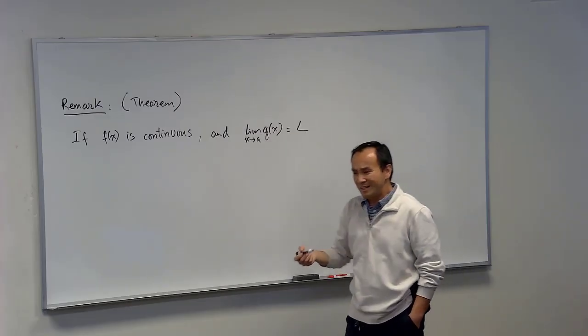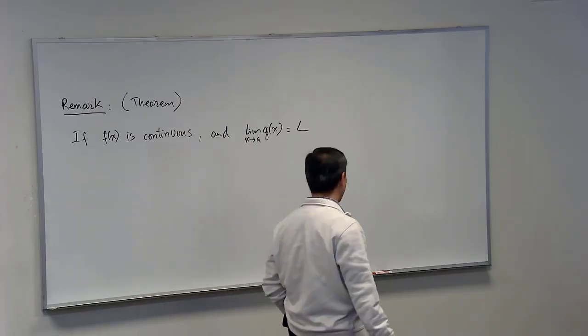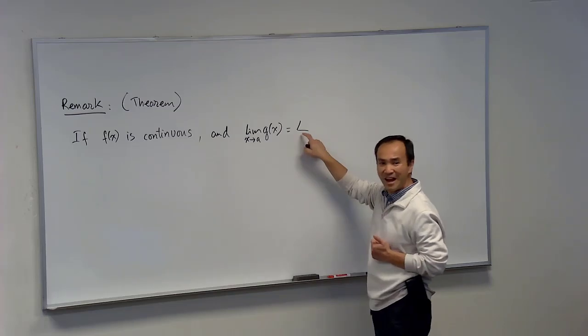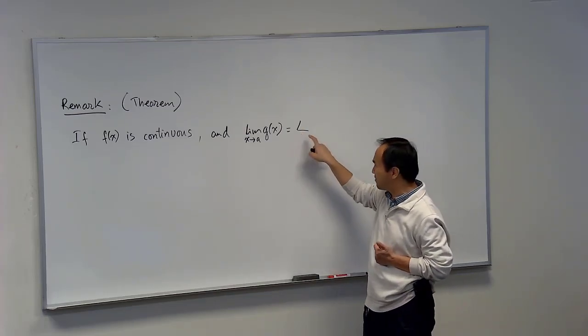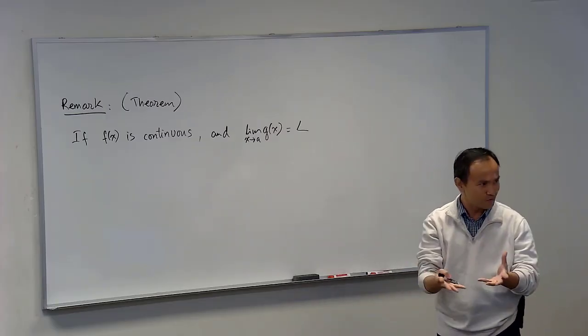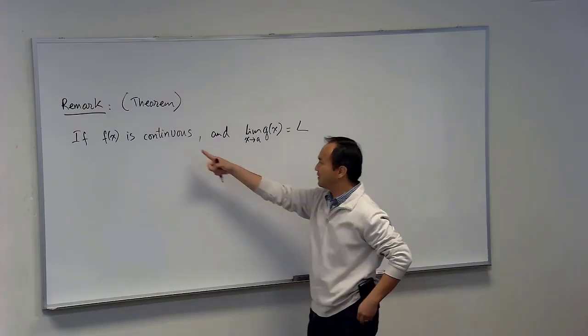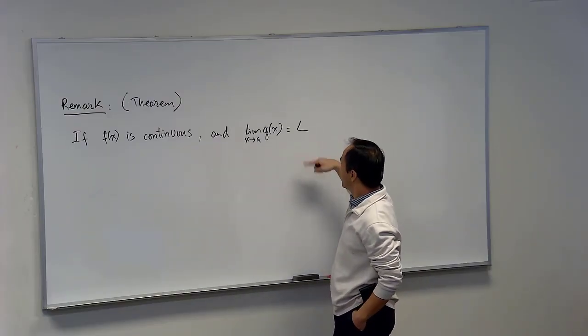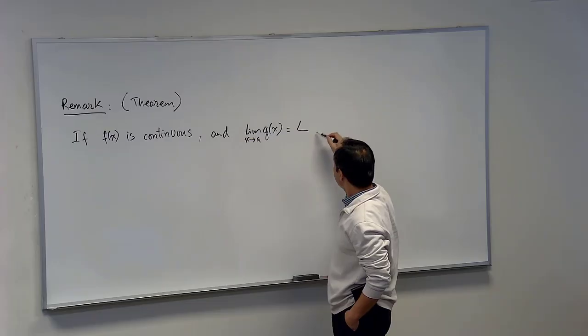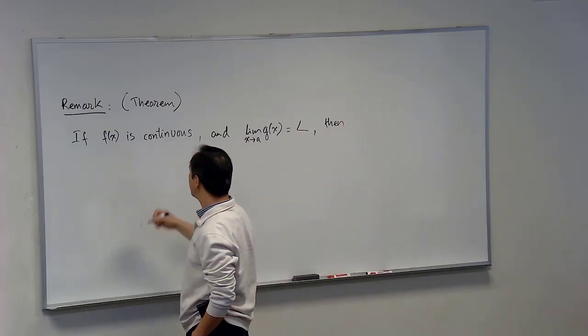A lot of times, because we don't always want to write down every single thing in words, when you see a limit equal to a value like this, it means that behind the scenes people intended to say that the limit comes to a finite value. So if we have these two conditions satisfied, then the following is true.